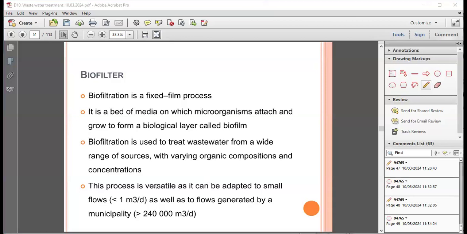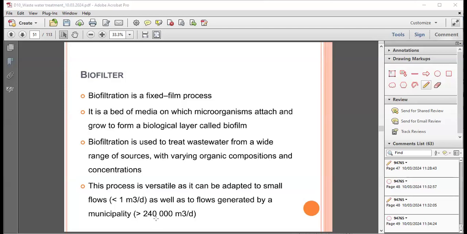It can be adapted to small flows. So, adaptable. Versatile means changeable, as it can be adapted to small flows of 1 cubic meter per day as well as to flows generated by a municipality.